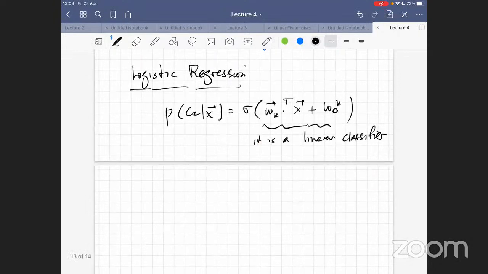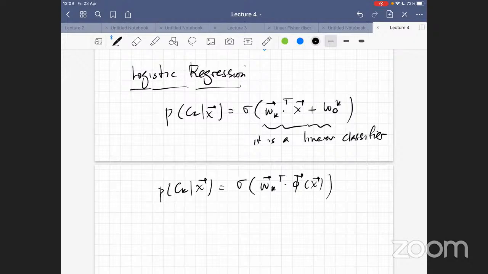Let me rewrite this in a compact way with my feature vector.